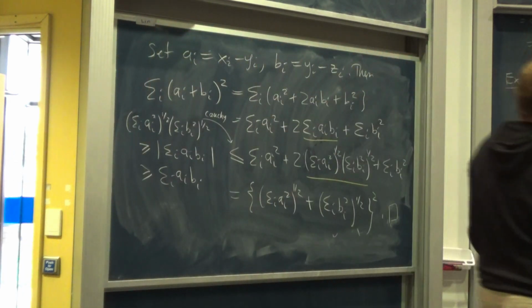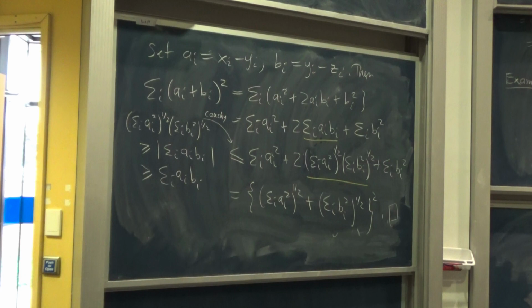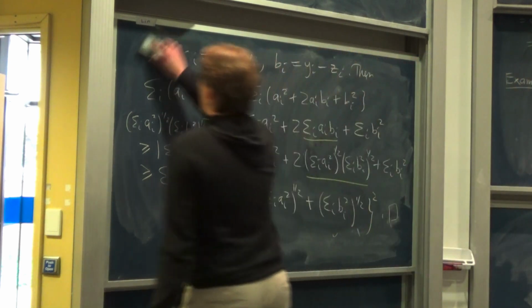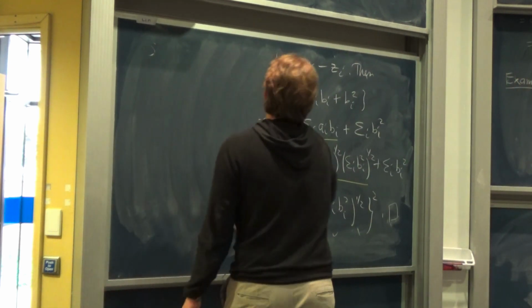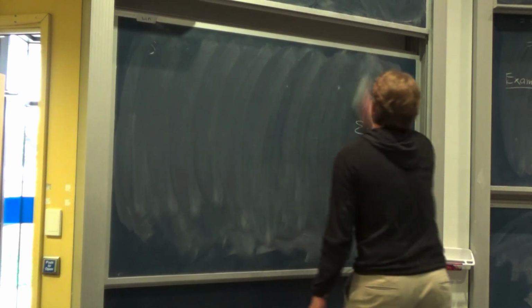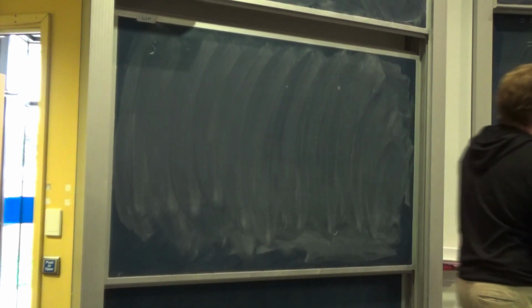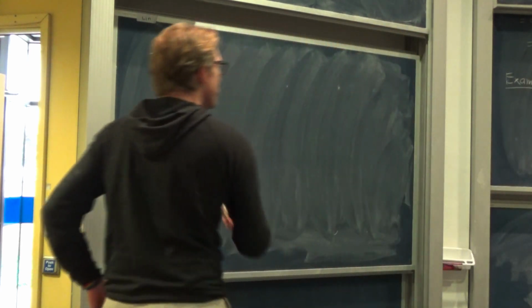Well, the way we've set it up, if this even makes sense, it's got to be non-negative, right? Because it's a square root. But the issue is whether the quantity inside the brackets is even non-negative to start with, right? Okay, so that's the first thing we'd need in order for that to even be well defined.